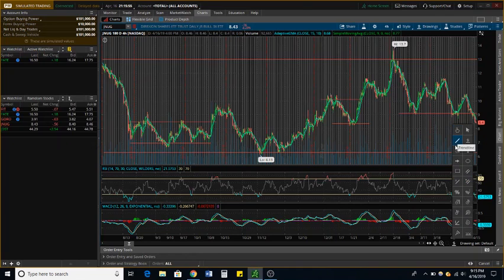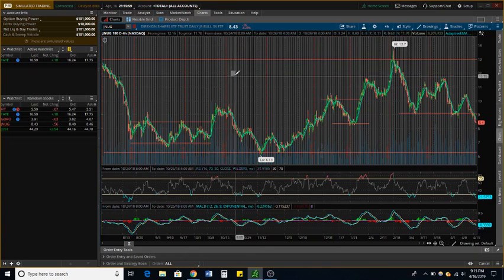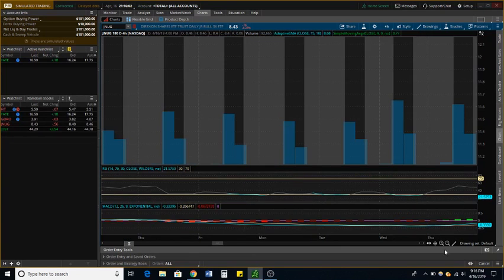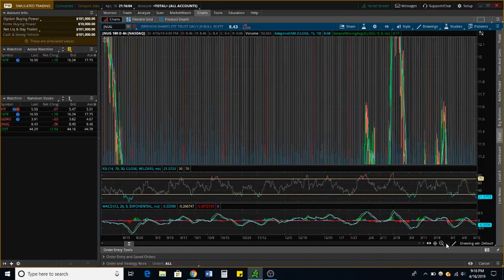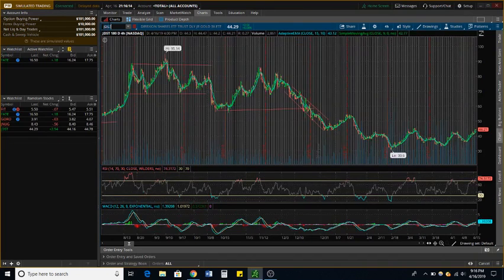Yeah, all I don't really know how to do is the trend line. Because the trend line only allows you to draw vertical. Not vertical. Only allows you to draw, I don't know why I keep doing that. Oh, I was looking at this yesterday.